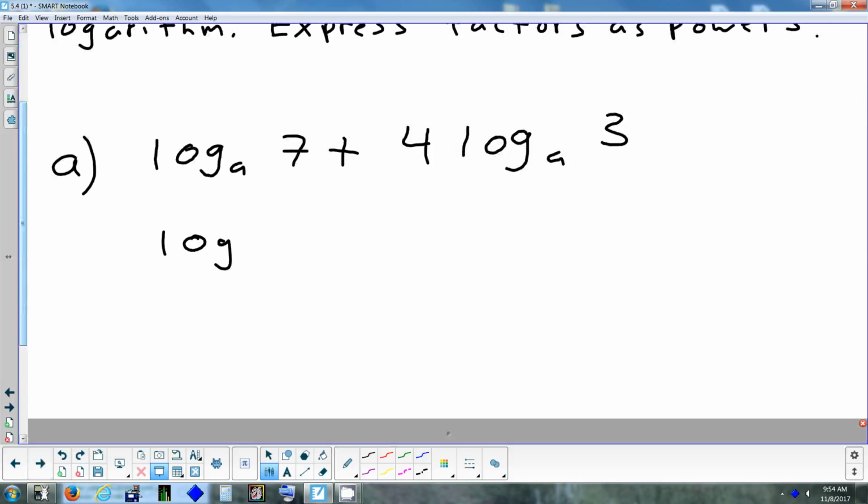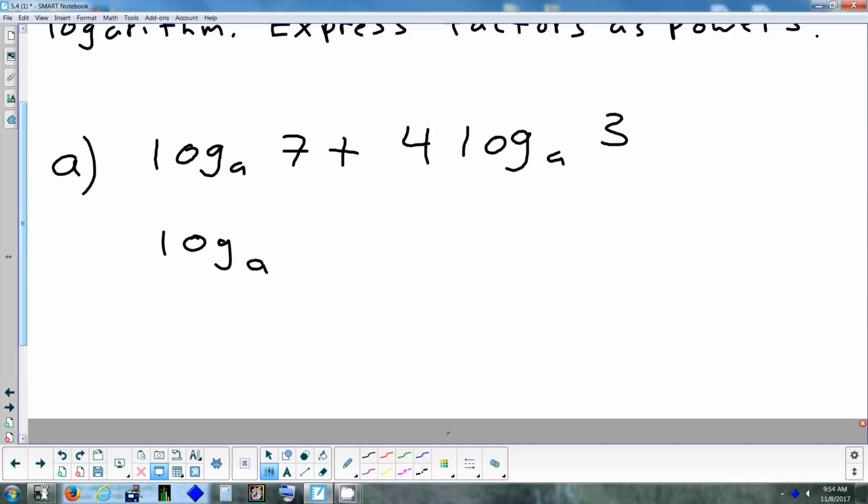Well, the base would be, not the argument. What would the base be? What's the base when it's split? Log A, right? So when you recombine it, it's still A. The base never changes.